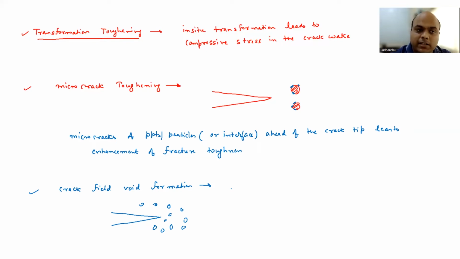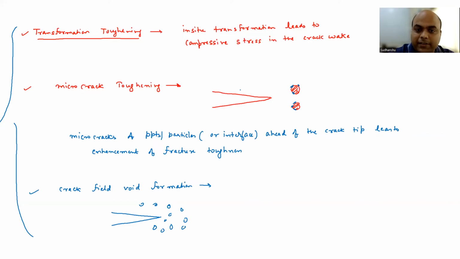So these are the three mechanisms: transformation toughening, micro crack toughening, and this crack-filled void formation. Remember, all these three are related to somehow spending more energy in the material or reducing the crack tip driving force, right? But you don't see the crack surfaces touching each other.